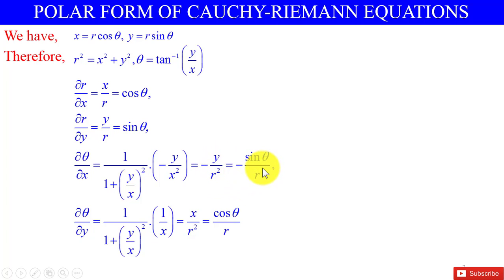This is equal to −y/r² = −sin θ/r, because y = r sin θ. ∂θ/∂y = cos θ/r.